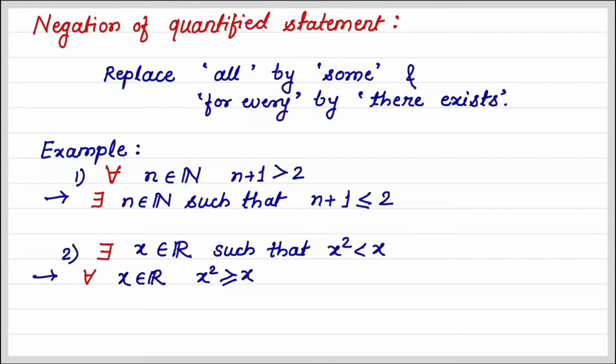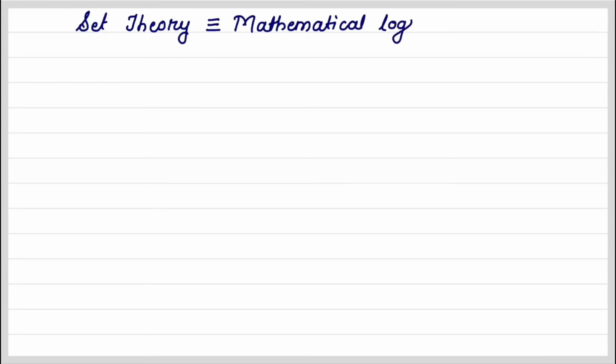But don't go anywhere. Now I will tell you the secret tip with which you can remember all these things easily. We will relate mathematical logic to set theory. Set theory you have studied in 10th, 11th standard. In set theory we have studied complement of a set, intersection and union. We will relate it to logical connectives.